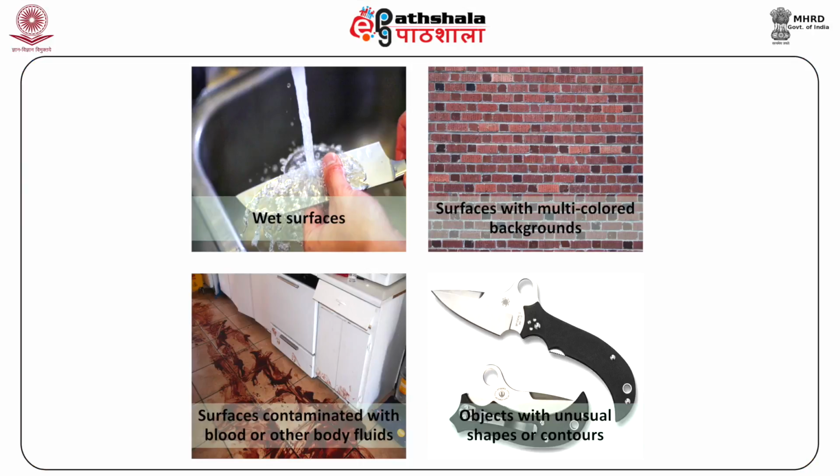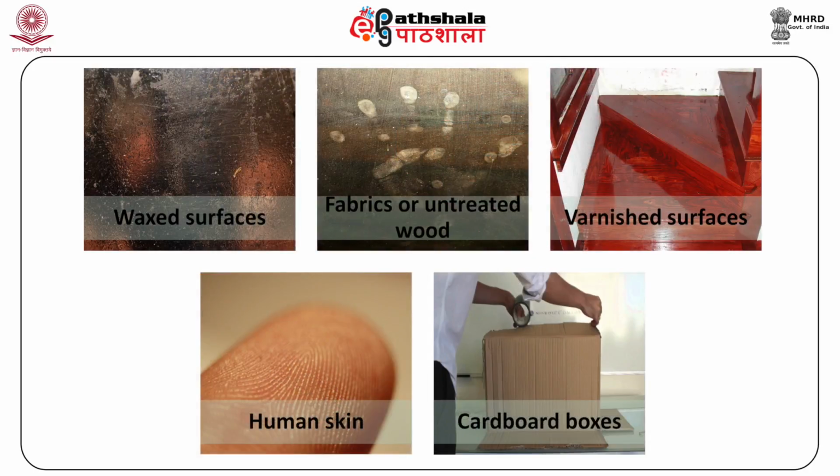The latent prints can be deposited on objects or surfaces with unique characteristics, such as a wet surface, surfaces with multicolored backgrounds, surfaces contaminated with blood or body fluids, objects with unusual shapes or contours, or surface texture. Then we have waxed surfaces.